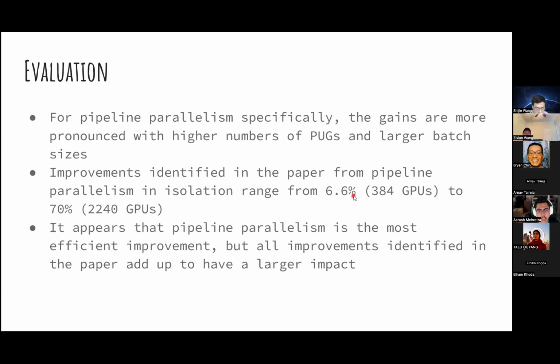But when you 7x the GPUs to 2240, you see a 10x improvement in efficiency. So it becomes 70% more efficient to have your model distributed across different GPU memories and to have parallelism going on. And so specifically, it looks like pipeline parallelism is the most efficient improvement, but all improvements identified in the paper do add up to have a larger impact.